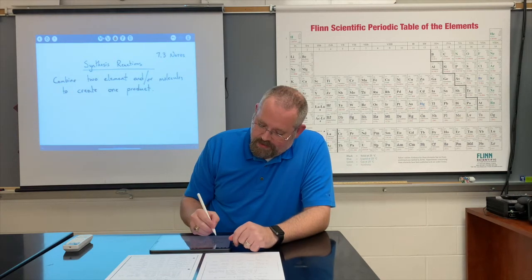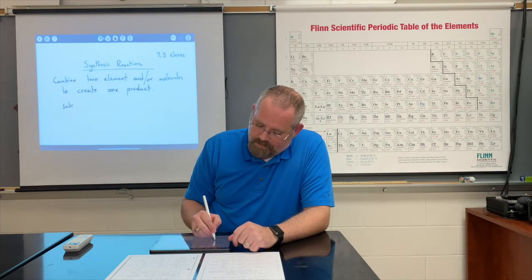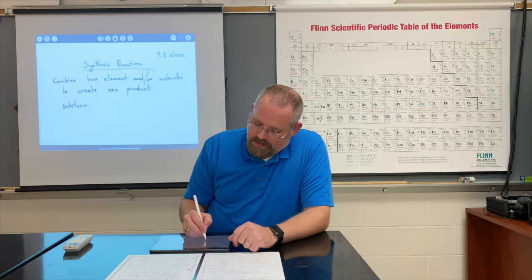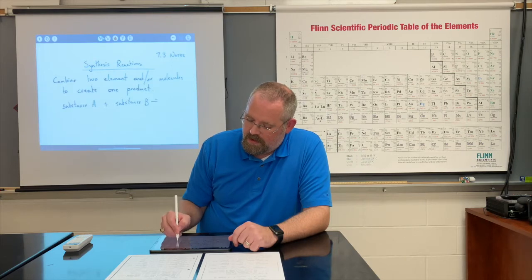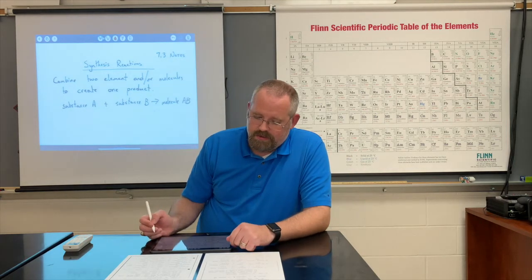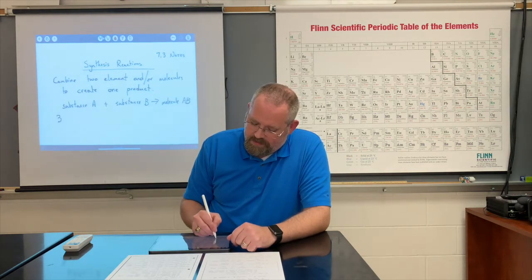Okay, the simplest form of this, substance A plus substance B yields molecule AB. Okay, so we're going to talk about three types.